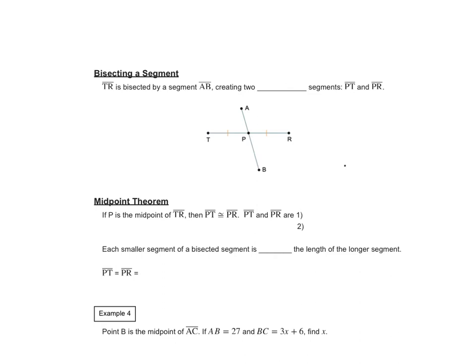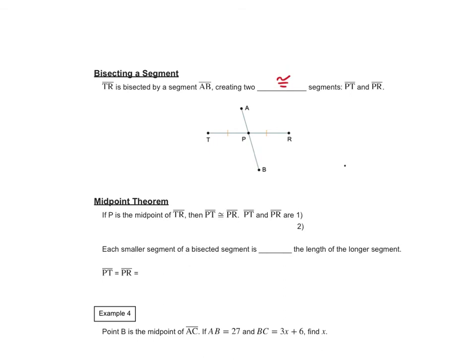Bisect in geometry, we're cutting it in half. So TR is bisected by segment AB, creating two what? If we cut something in half, that means my two pieces are the same. So that is going to be, we are cutting those into two congruent segments, two equal segments.